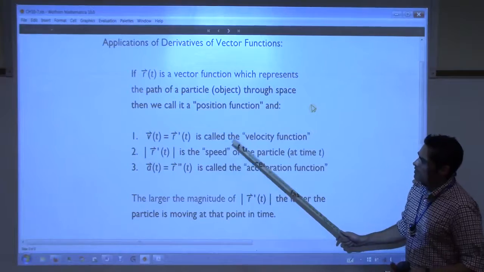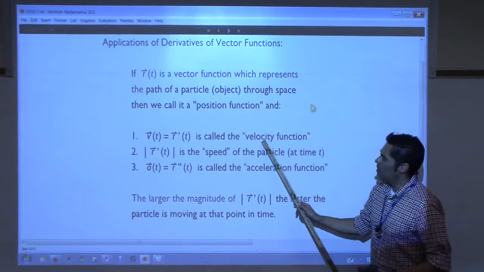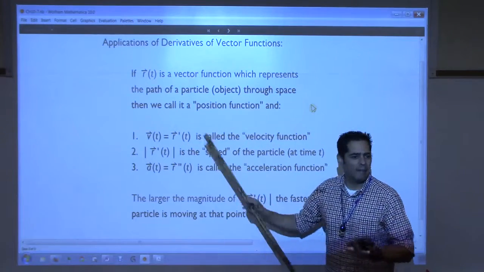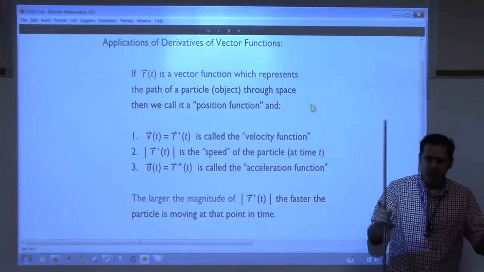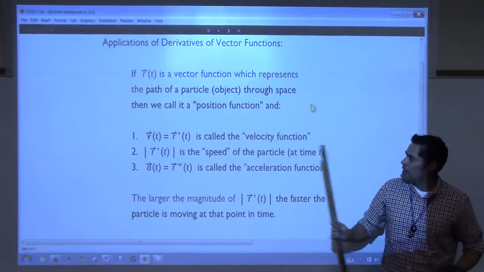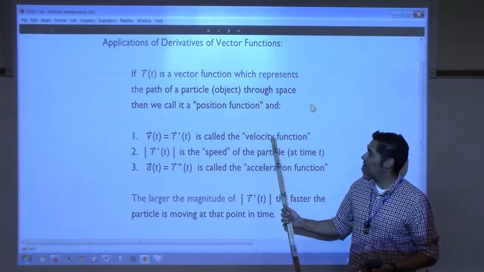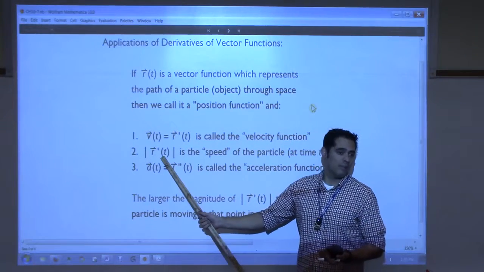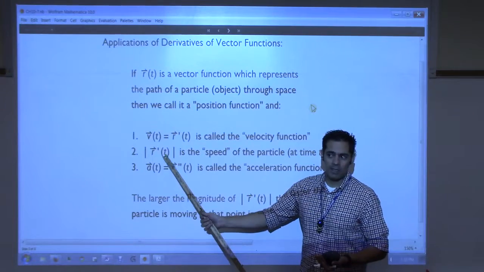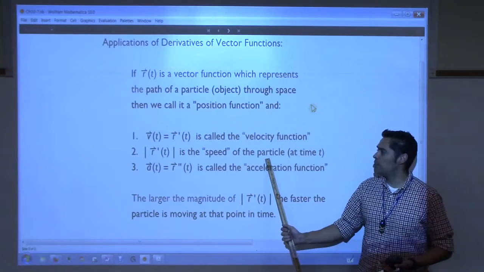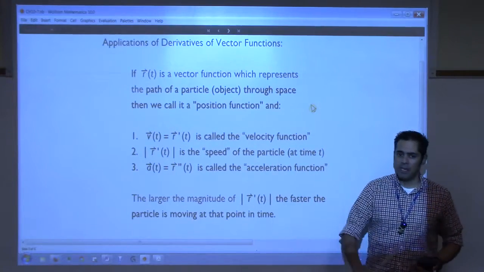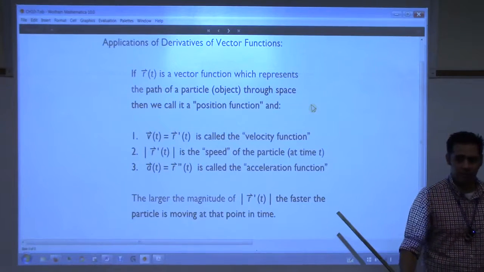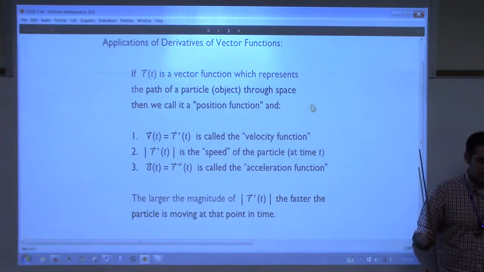Okay? But there's something different here. When we take the derivative of r, we get a vector function, don't we? Angled brackets, vector function. And so we call this the velocity function. If we look at the magnitude of that derivative, it's a length, isn't it? That's the speed of the particle. So speed and velocity are not the same thing, right?